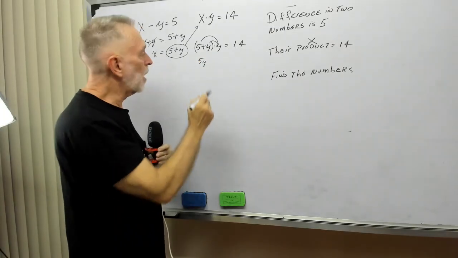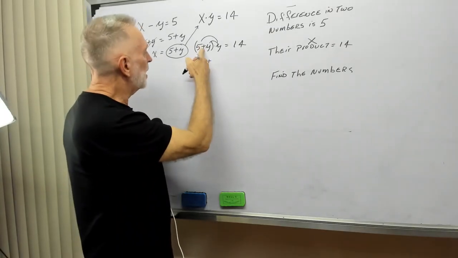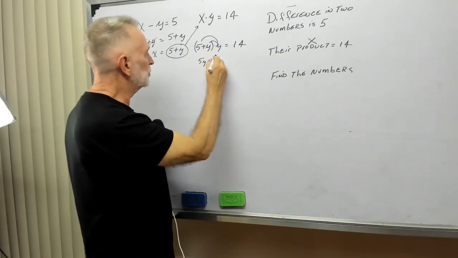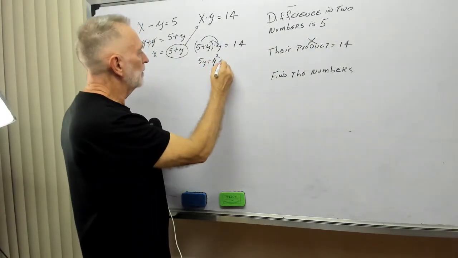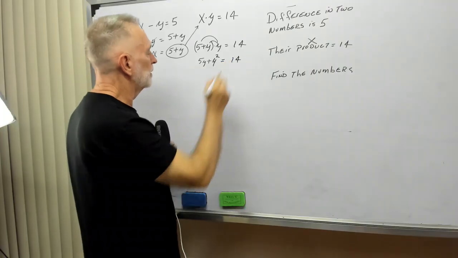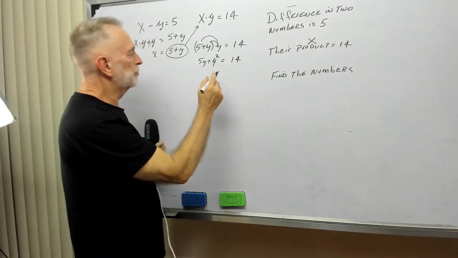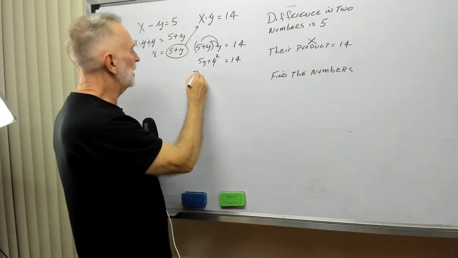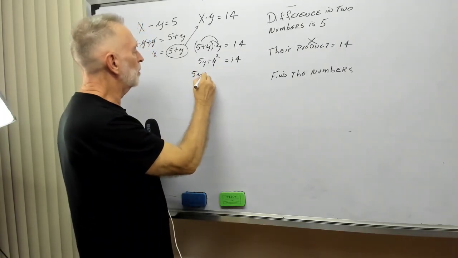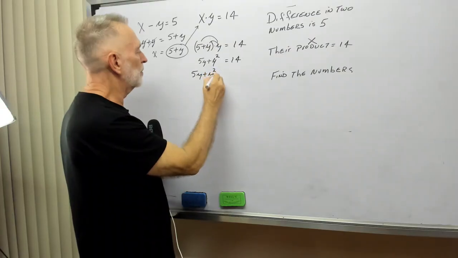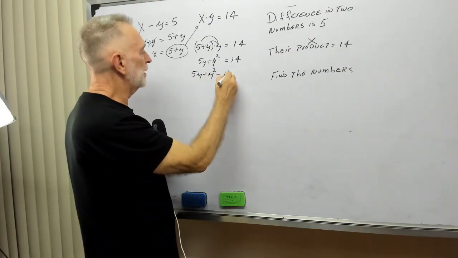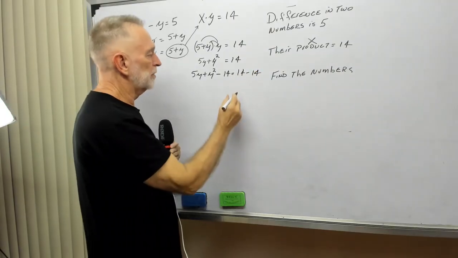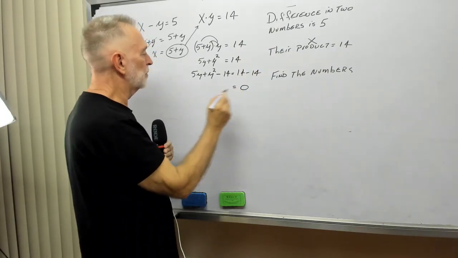Y times Y, a positive times a positive, is Y to the second power. And that equals 14. Well, I'm going to subtract 14 from both sides now. 5Y plus Y squared minus 14 equals 14 minus 14, which is 0.